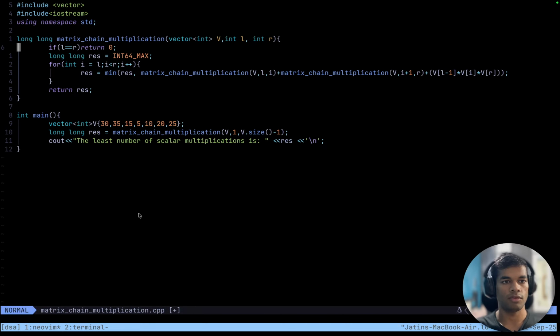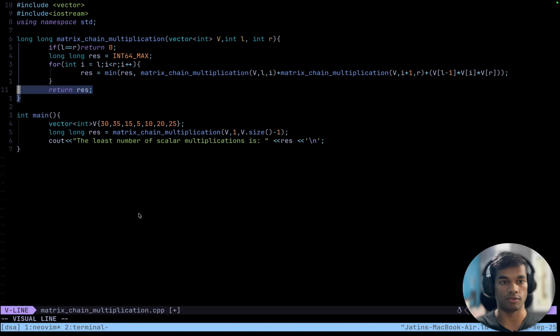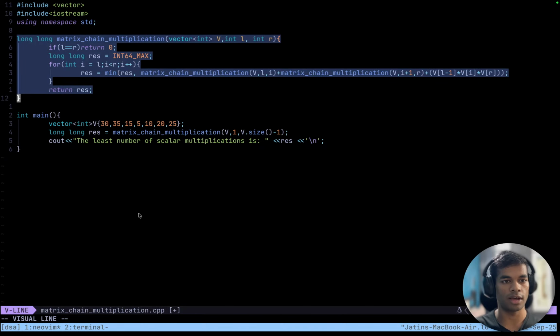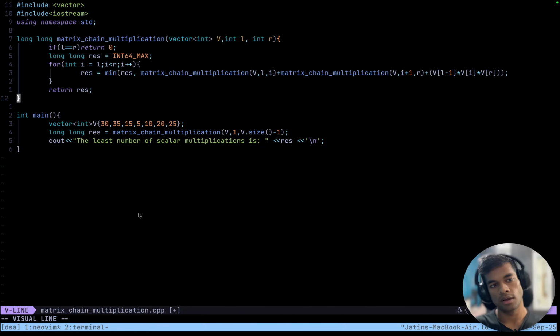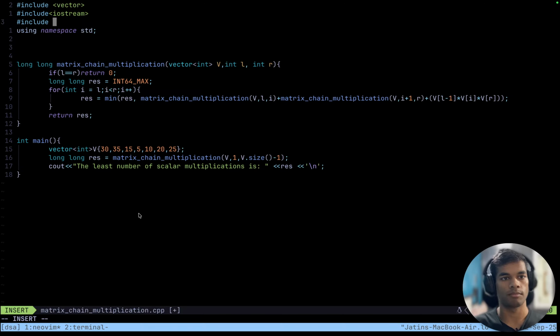Whenever we are calling this, we are changing the left side and also the right side, so there are some variations that we can do here. This is recursive and without memoization, which is like the worst thing. Recursive is not as good as an iterative solution, and second of all, we are not even using memoization. Let's first of all use memoization.